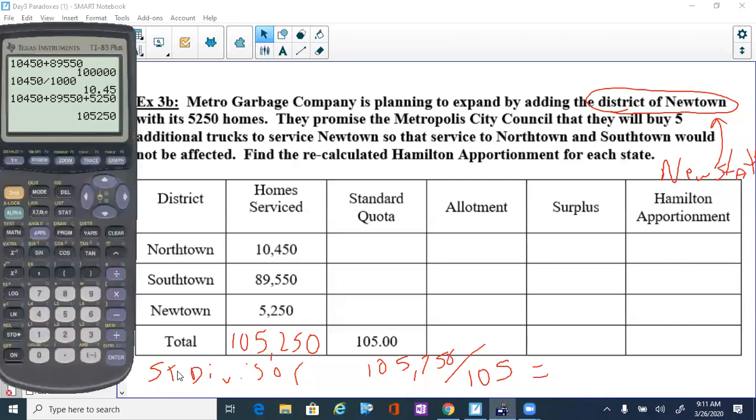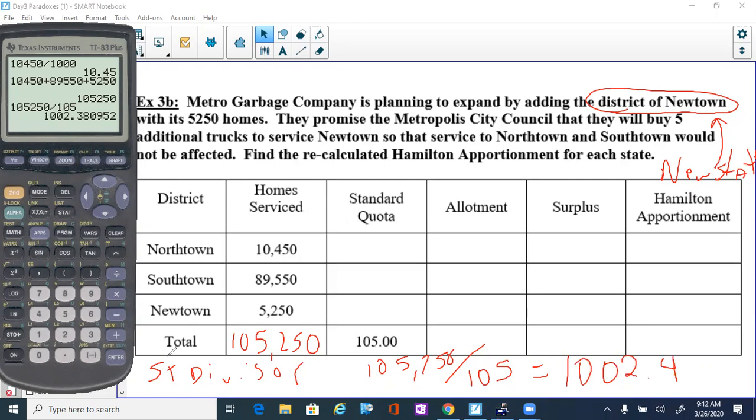So 105,250 divided by 105 trucks is going to give us 1,002.38. How about we just go with 1,002.4? Let's see how that works out.